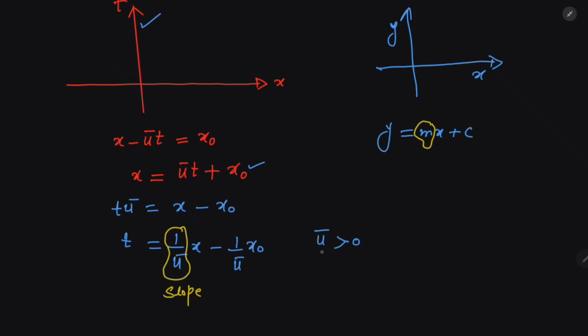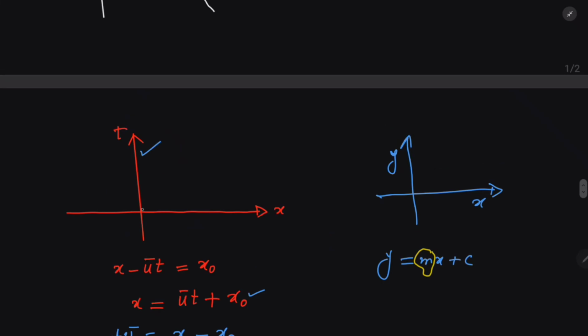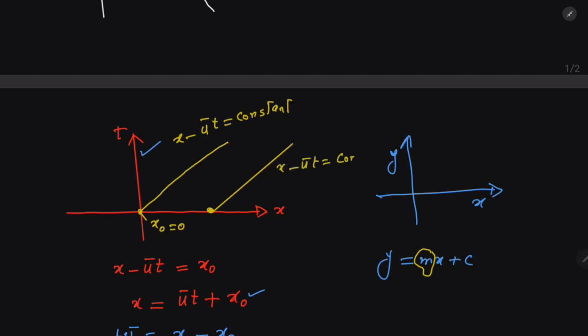So it means that when u bar is greater than 0, your characteristics will look like this. If this is x naught, which is in fact 0, then you have x minus u bar t is equal to constant. When we have another x naught, since it is moving towards the right, then this is x minus u bar t is equal to constant for another x naught.